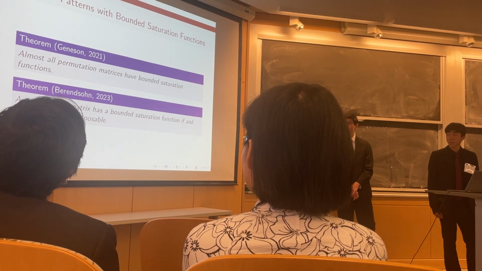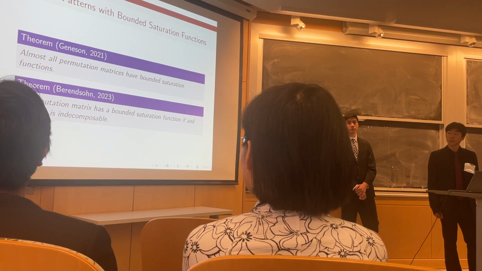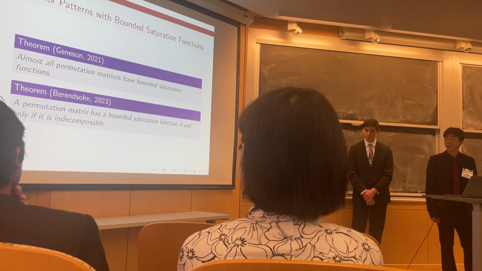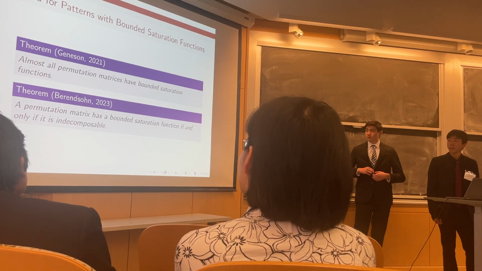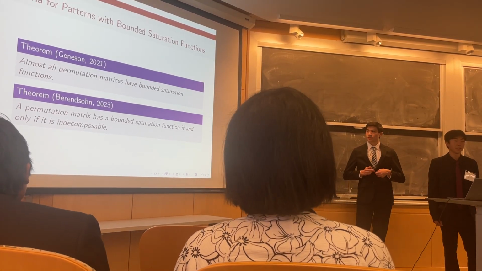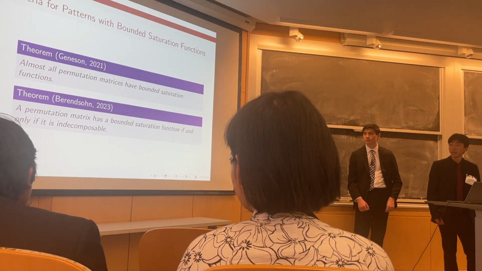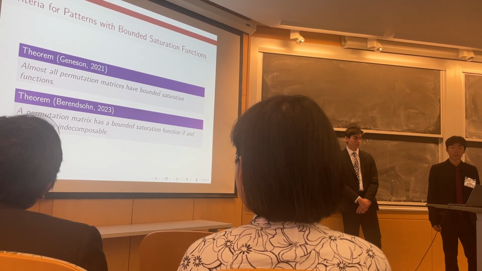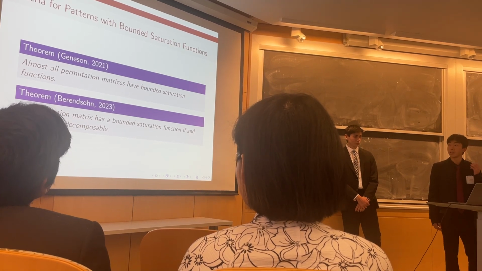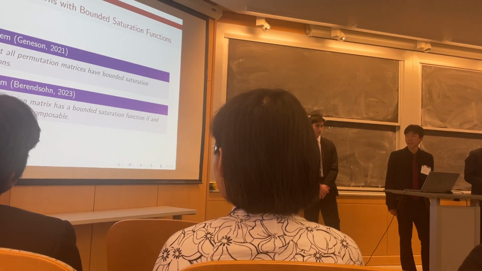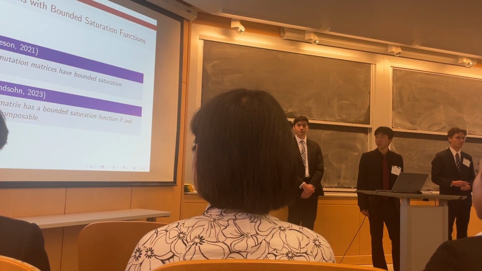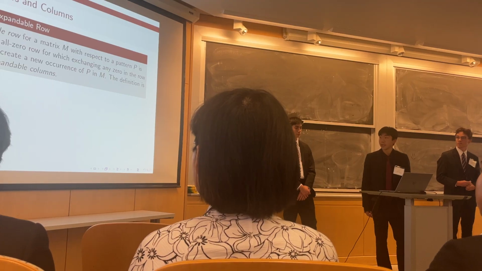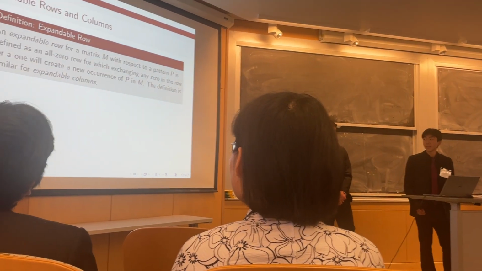Later, Berenson proved an exact classification of which permutation matrices have a bounded saturation function: it is bounded if and only if it's indecomposable. Notice that the only if part of this theorem is just the contrapositive of the decomposability condition from the previous slide. So what Berenson did was prove the converse of that, which turned out to be much harder. And to prove this, we need some tools.